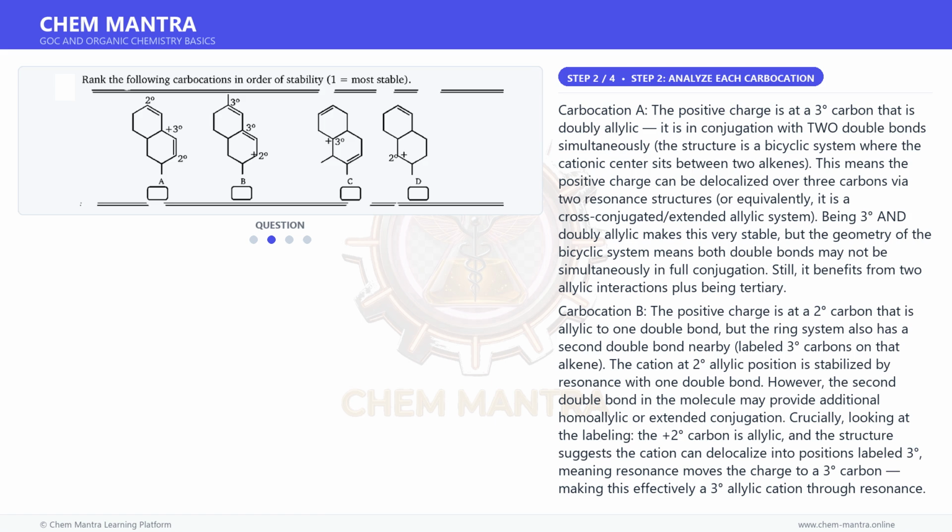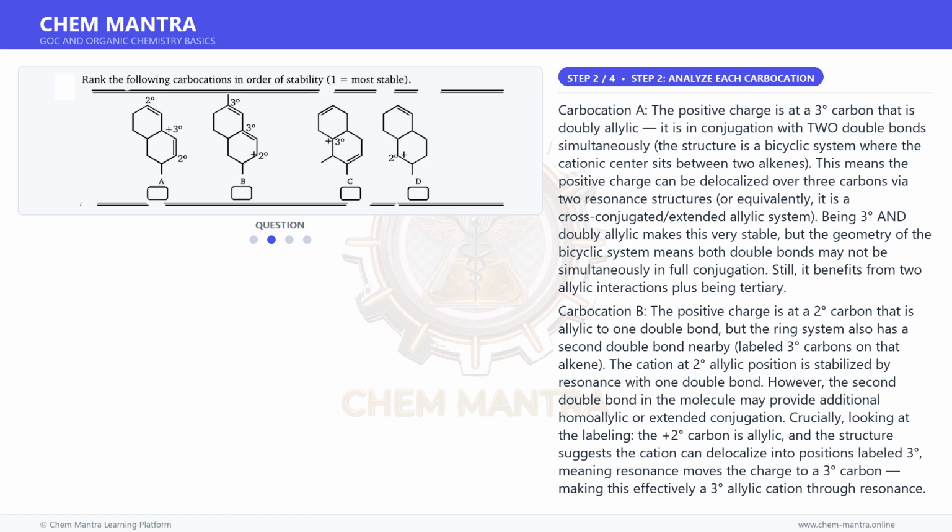Carbocation B, the positive charge is at a 2 degrees carbon that is allylic to 1 double bond, but the ring system also has a second double bond nearby, labeled 3 degrees carbons on that alkene. The cation at 2 degrees allylic position is stabilized by resonance with 1 double bond. However, the second double bond in the molecule may provide additional homoallylic or extended conjugation.